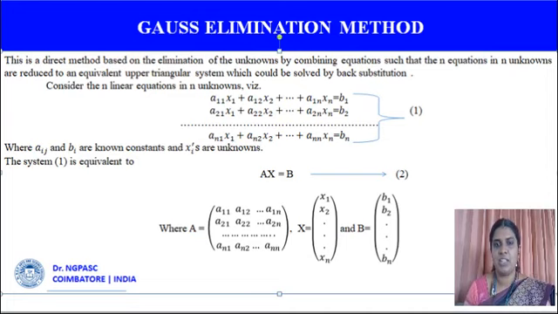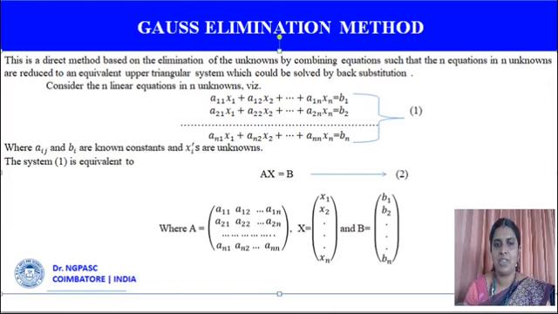So here the general form is, we have considered n linear equations with n unknowns. The equation 1 represents n linear equations and n unknowns: a11 x1 plus a12 x2 plus etc. plus a1n xn is equal to b1.